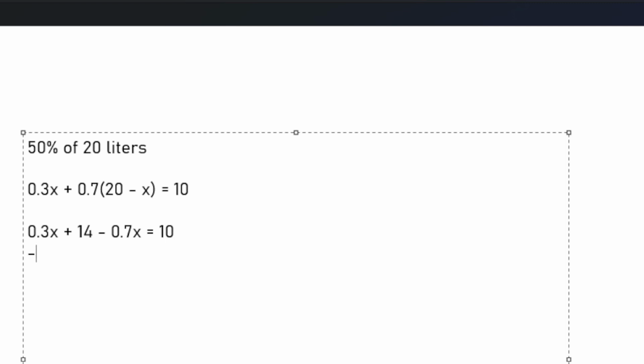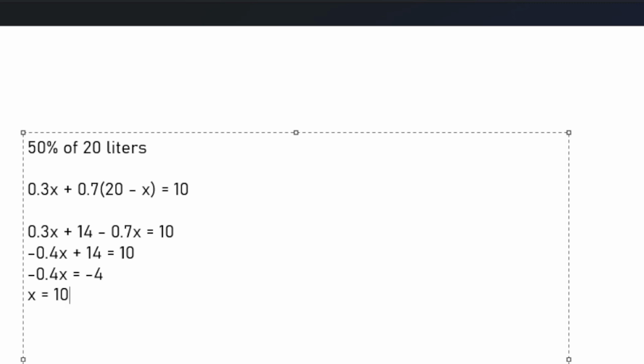Then negative 0.4x plus 14 equals 10, so negative 0.4x equals negative 4. x equals 10 liters of the 30% solution.